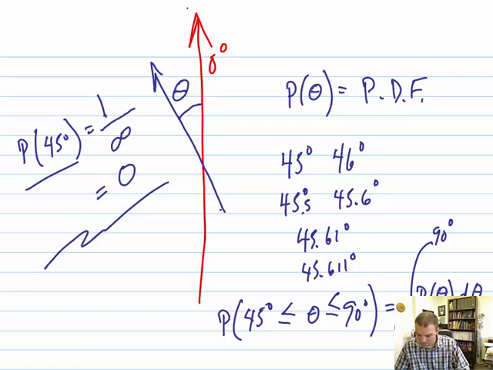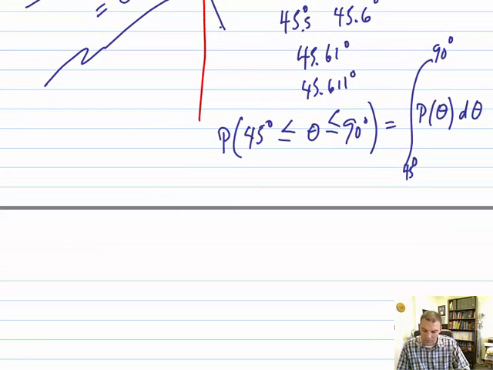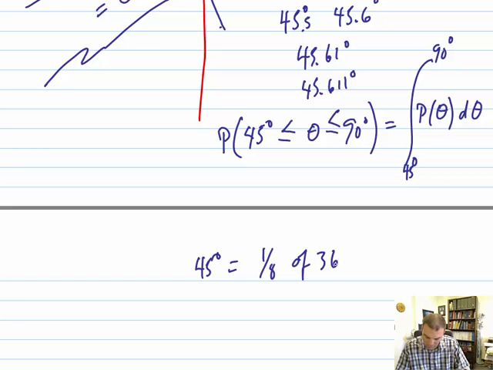Okay. Now, if we assume in this particular case that the likelihood of the arrow falling at any angle is equal, we can determine this quite simply. We could look at this and say, well, this 45 degree range here is equal to 1/8 of our 360 degrees. Therefore, the probability must be equal to 1/8.